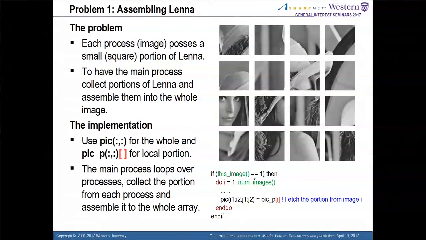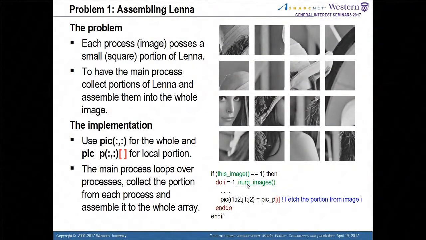So if my ID is 1, I will loop over all the images. This is how I collect the pieces. Now, remember, the term images here refers to the participating running programs, not this picture, okay?